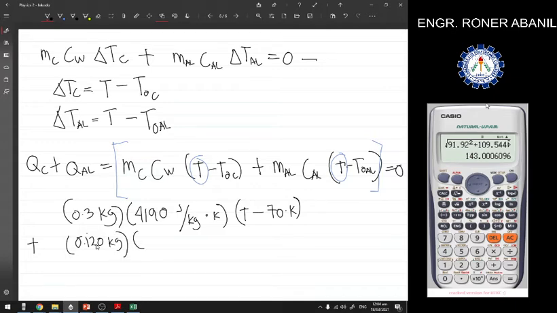Meron tayong C ng aluminum na 910 joule per kilogram Kelvin. Tapos hinahanap natin T minus 20.